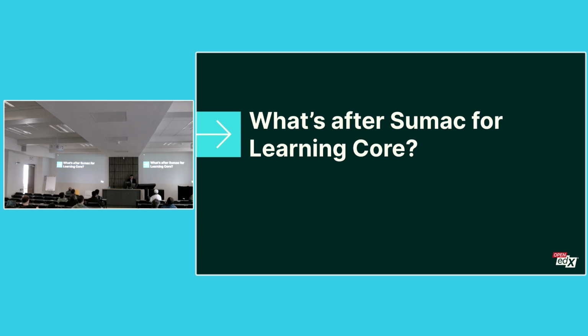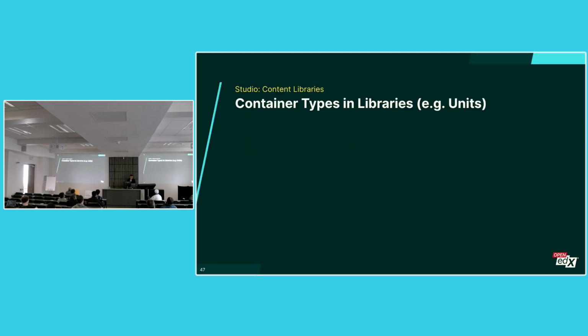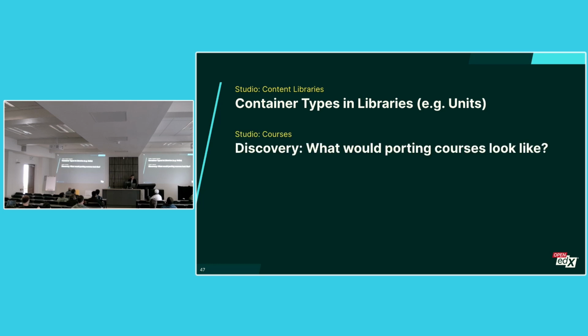Okay, so what's after Sumac for Learning Core? Some of the things we're looking at are container types and libraries, for instance, units. And also on the technical end, what it would take to actually model courses with this as the underlying backend and what that migration would look like.